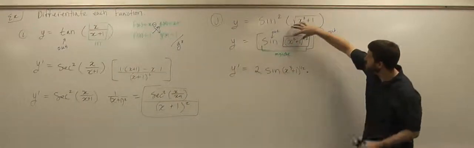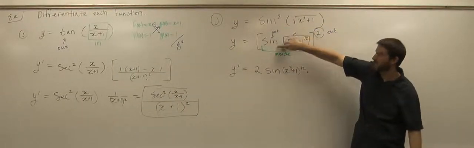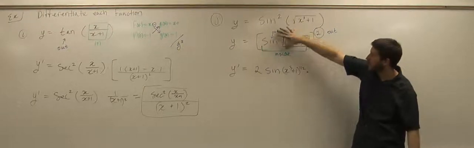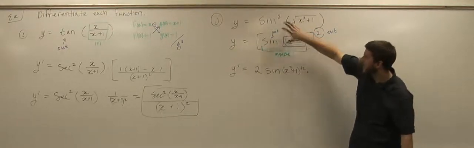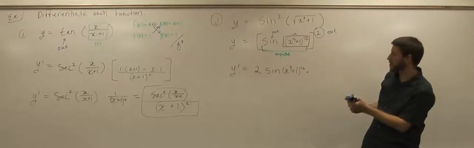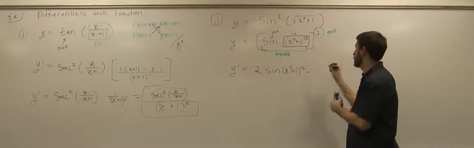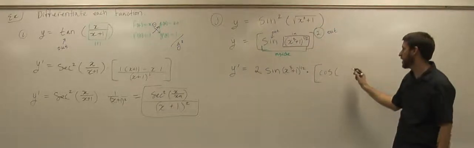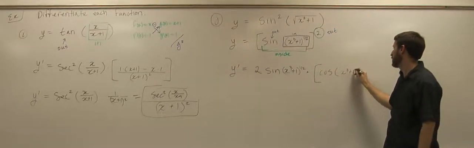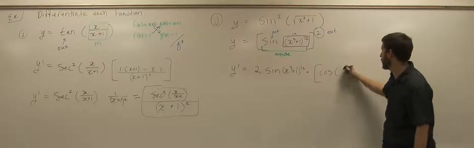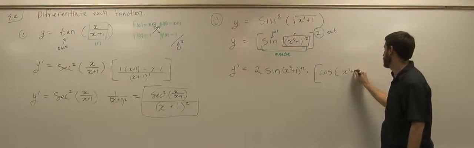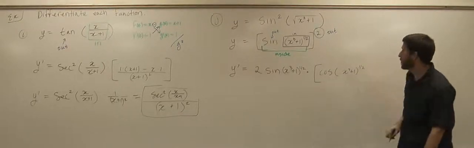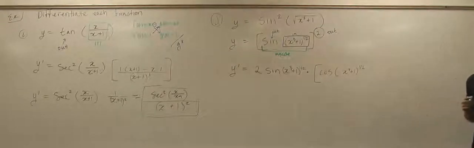This x cubed plus 1 to the 1/2 is inside of the sine function. So we now have to break this guy into an in and out. The derivative of sine is cosine of, keep the inner the same, x cubed plus 1 to the 1/2, times the derivative of the inside.